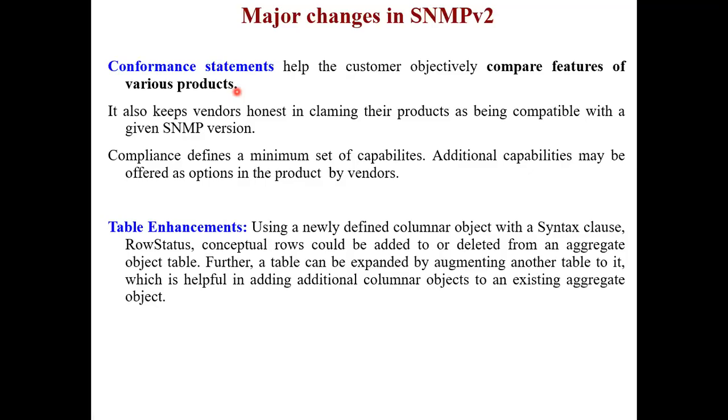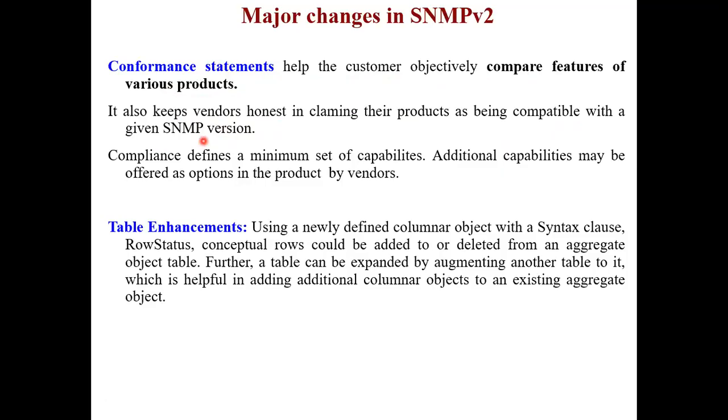We never thought about whether this vendor is better or that vendor is better. So what is conformance statement doing? It compares the features of various products. You can say that it also keeps vendors honest in claiming their product as being compatible with a given SNMP version.